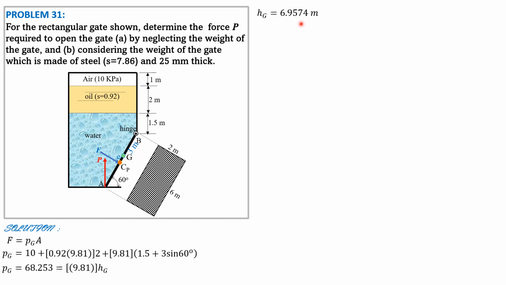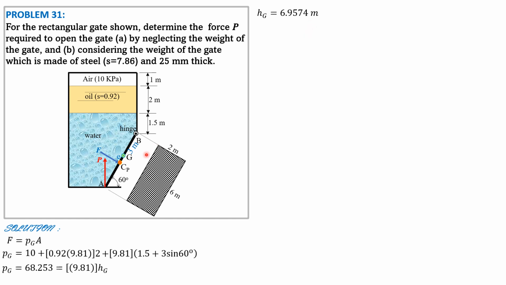You will get the same answer. So again, 10 divided by 9.81 plus 0.92 times 2 plus 1.5 plus 3 sine of 60 degrees. So you will get 6.9574 meters. So that's Hg.